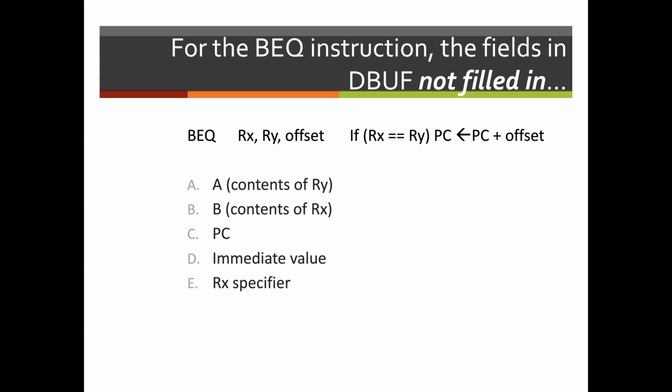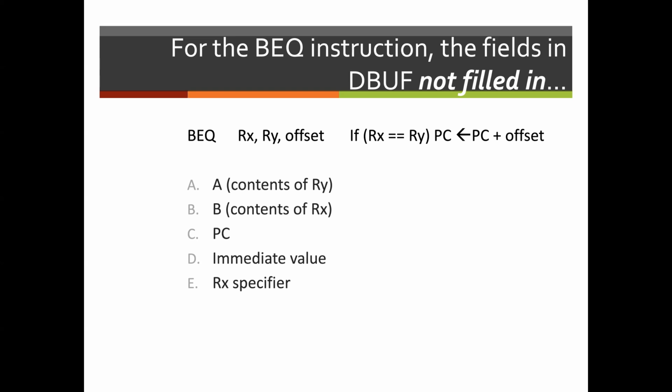We will have to have the value of RX and RY. Do we need the program counter? We'll have to add to the program counter value. So do we need the immediate value to sign extend the immediate value? Or do we need RX specified?